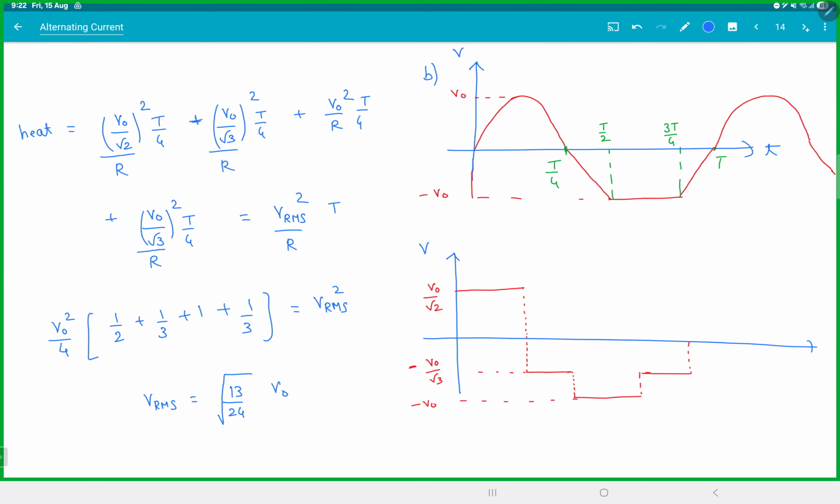Check. That's what you can do. You can replace them with their individual RMS values. Now you have made them DC batteries, and then get the RMS of that, because at the end of the day the heat produced is the same.